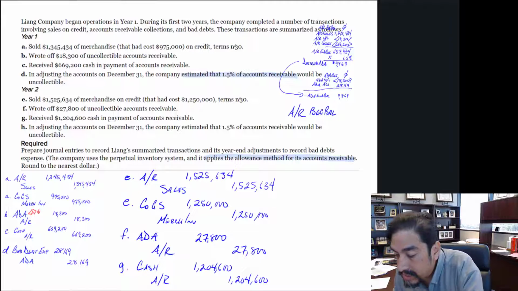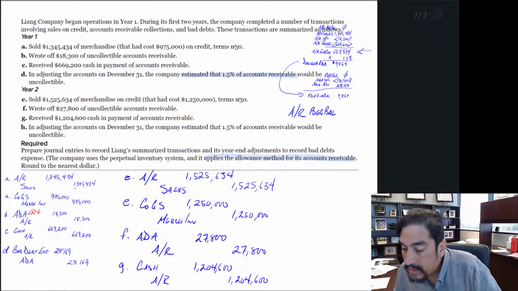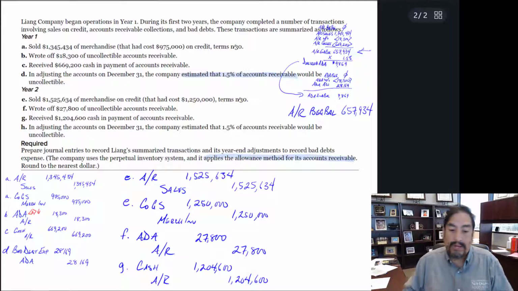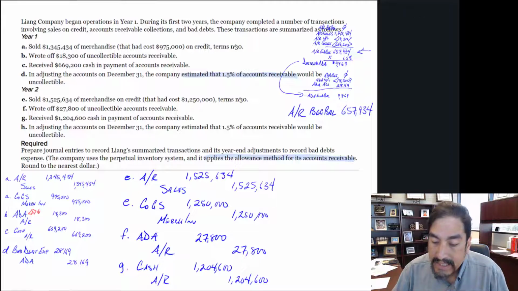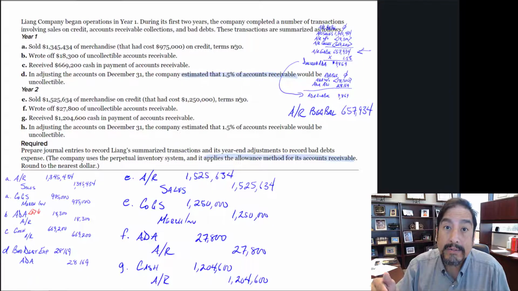And my accounts receivable ending balance is right there, $657,934. Okay, sorry about that. $657,934. That's where we ended last year accounts receivable. That's where we're going to begin this year accounts receivable.